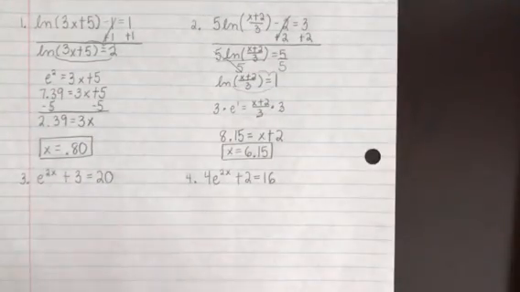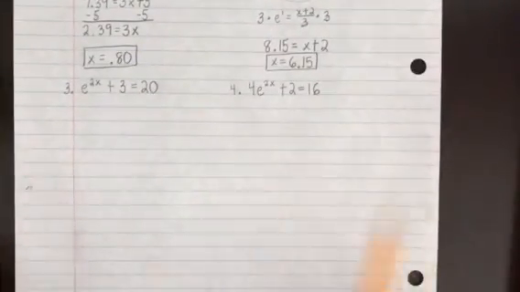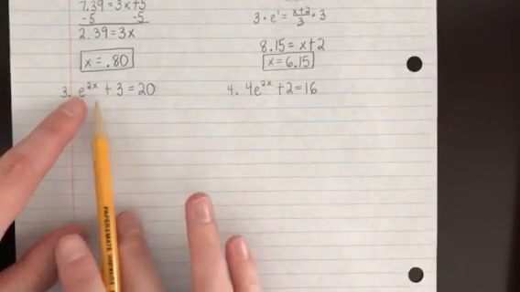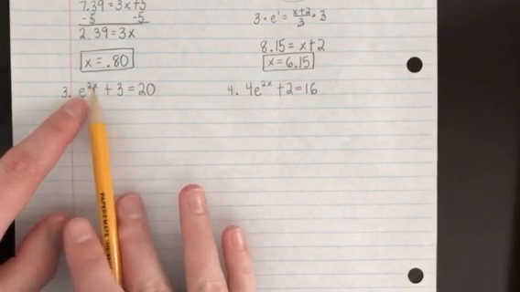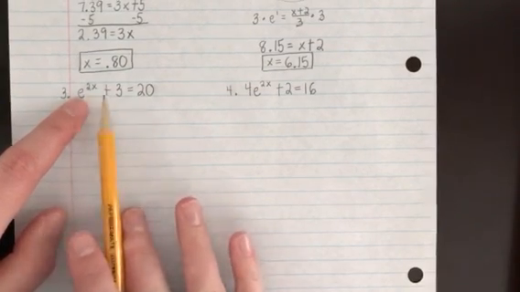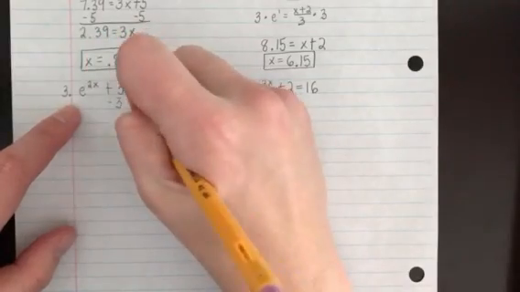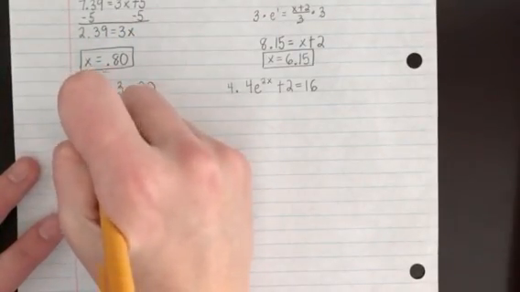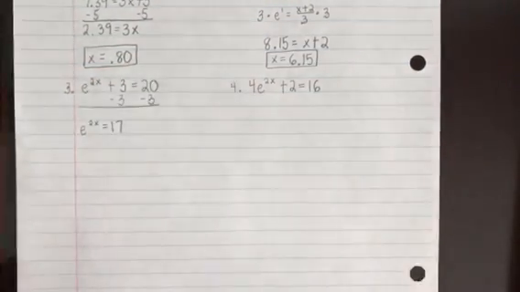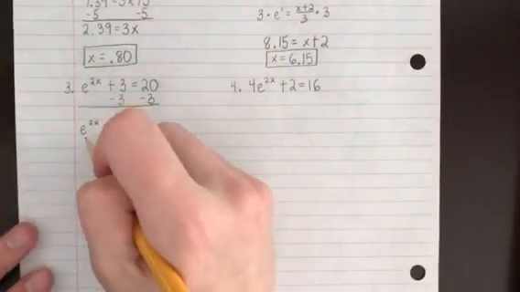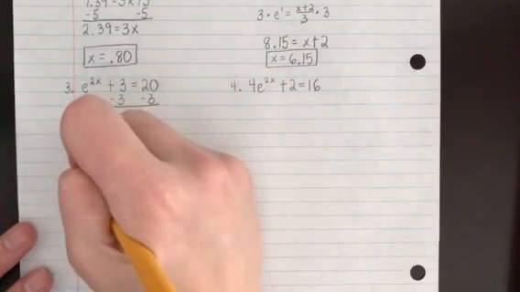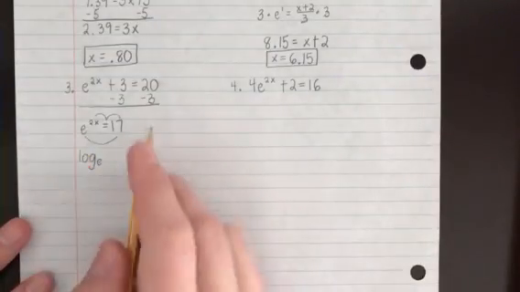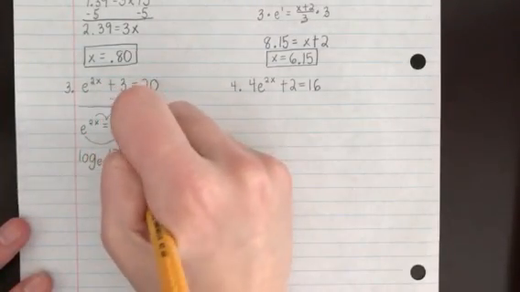Okay, now moving on to solving an exponential problem with the base of e. So just like before, with an exponential, you are going to get that base of e with the power of x in it somewhere, all by itself. So minus 3, so I get e to the 2x equals 17. Once that base of e is by itself, I can swirl and convert. So log base e of 17 equals 2x.